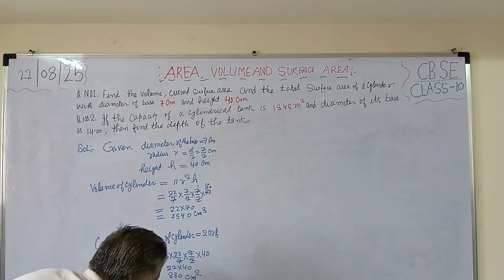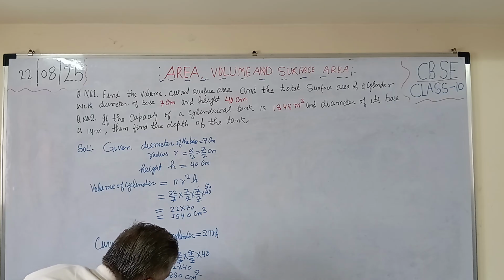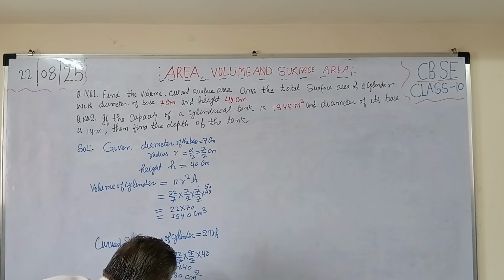So we will get 2 से 2 cancels, 7 cancels 7, so 22 into 40 plus 7 by 2, that is 87 by 2. That is 22 into 87 by 2. So this is 11.